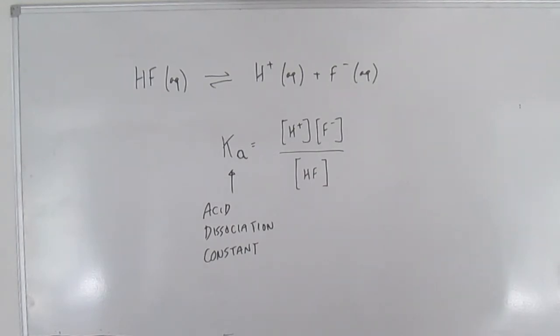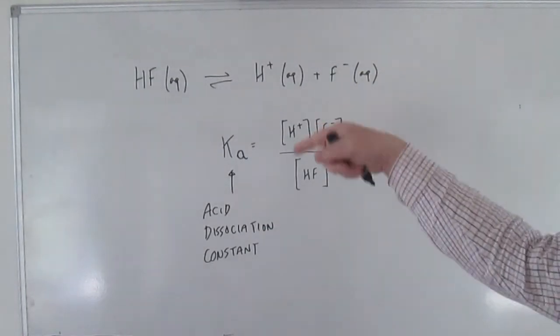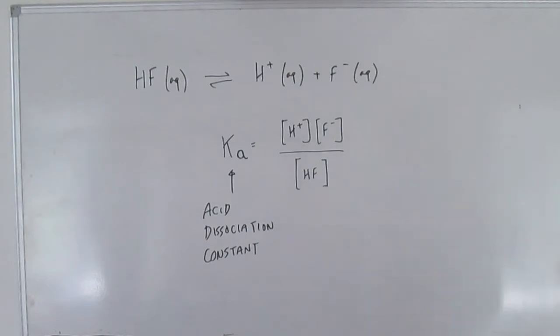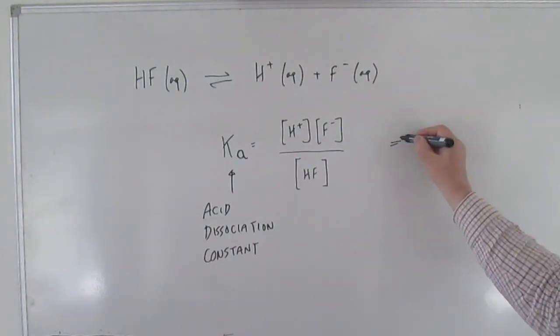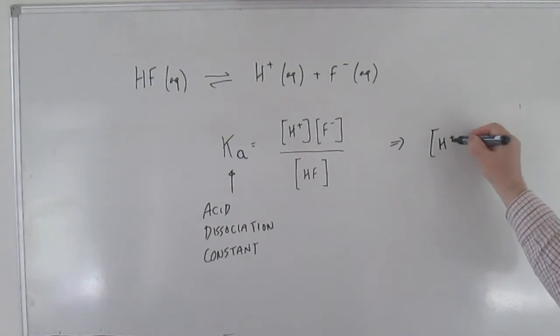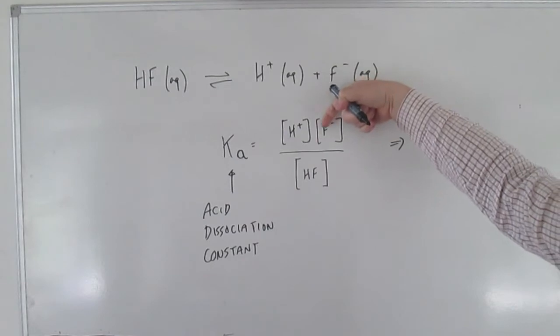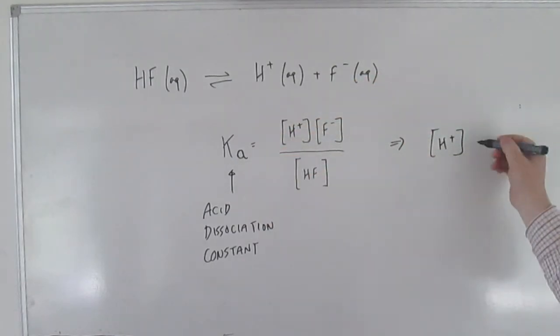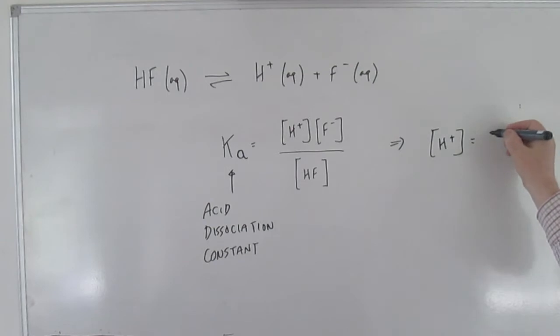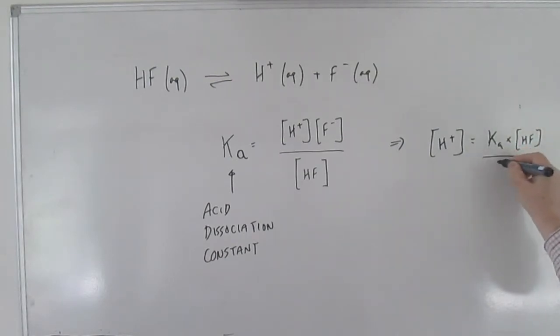So what we want to be able to do is to use it quantitatively to figure out what the pH will be at a given concentration. So your first thought might be, well, let's just rearrange that expression to make H+ the subject, which we can do. Just a little bit of algebra means that we can slide the HF up onto the top line on that side and the F- over onto the bottom line on that side, and get that H+ is equal to Ka times [HF] divided by [F-].